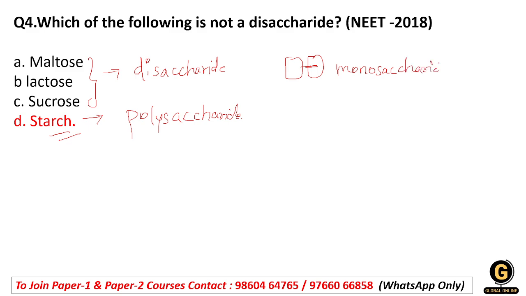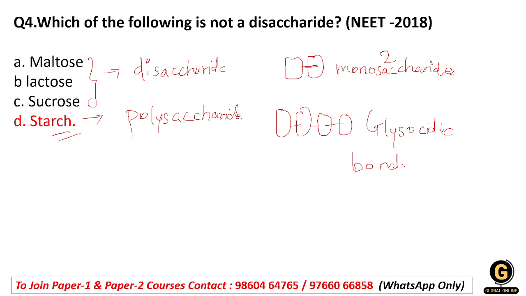Whereas polysaccharides are made up of multiple saccharides coming together. Yes, if multiple saccharides come together, then it is forming a polysaccharide. Yes, and it is linked by nothing but the glycosidic bond. Is it clear, students? So the right answer is starch, glycosidic bond.